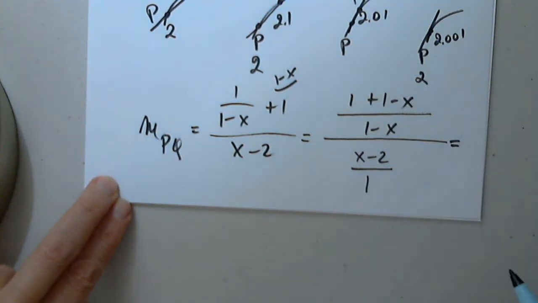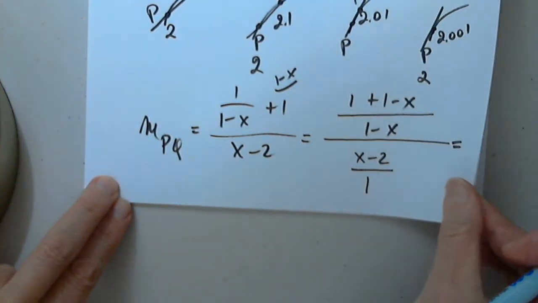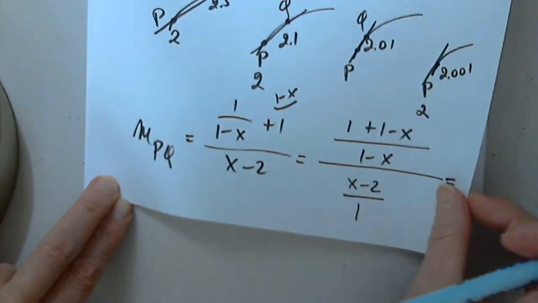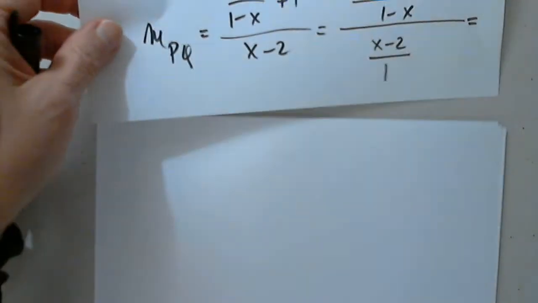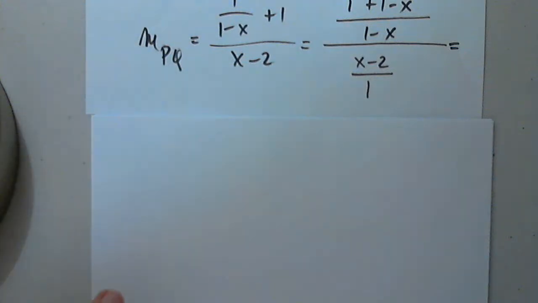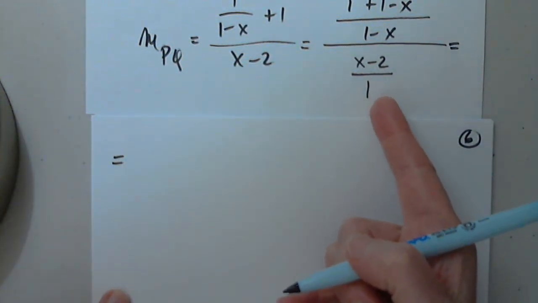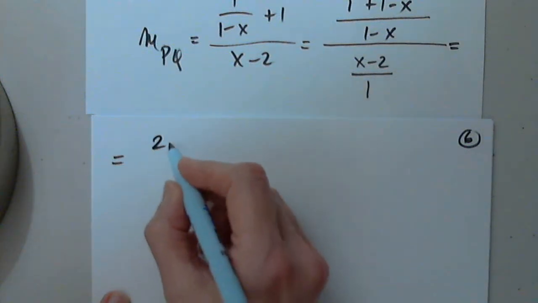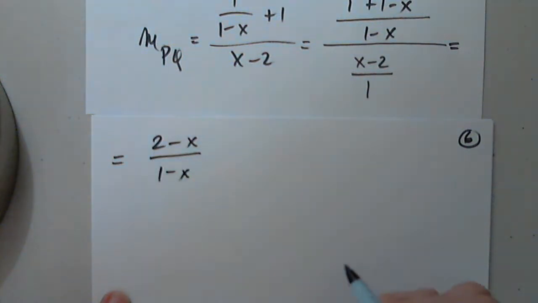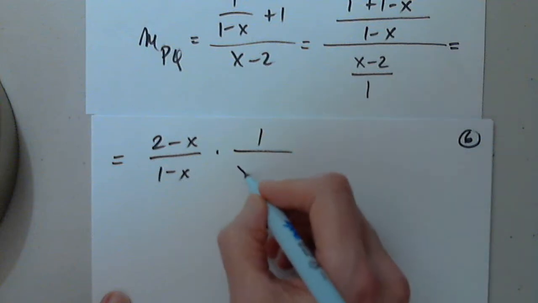How do we divide two fractions? We flip the denominator. Excellent. So 2 minus x over 1 minus x multiplied by 1 over x minus 2.